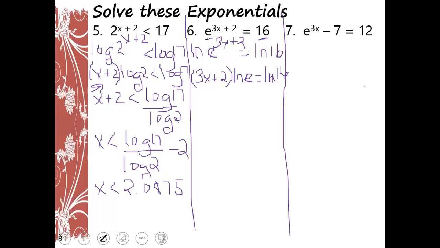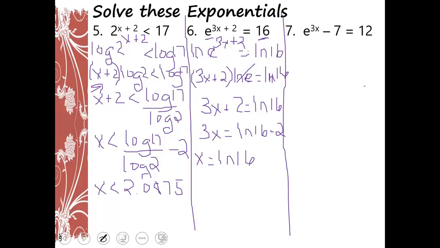Okay, ln e always simplifies to 1. So what's left over here is 3x plus 2 is equal to ln of 16. So 3x is equal to ln 16 minus 2, and x is equal to ln 16 minus 2, all divided by 3.